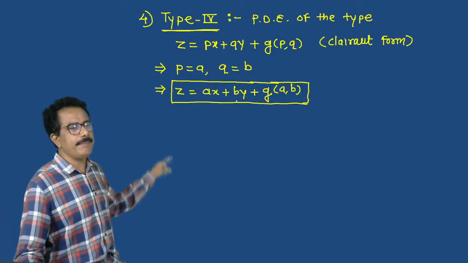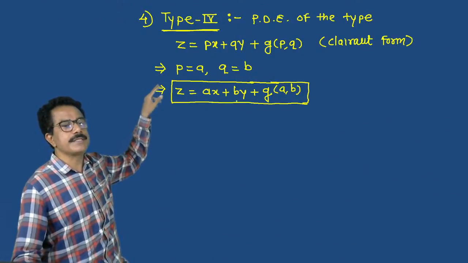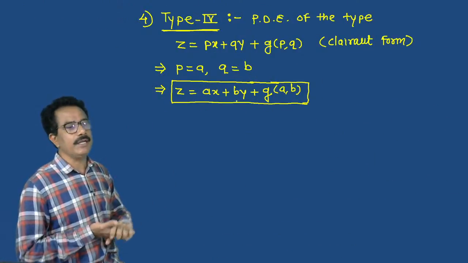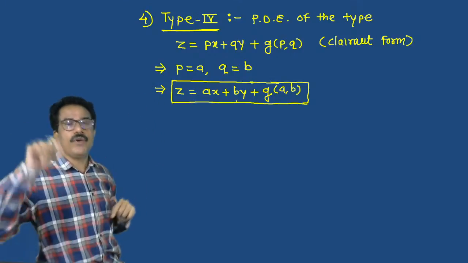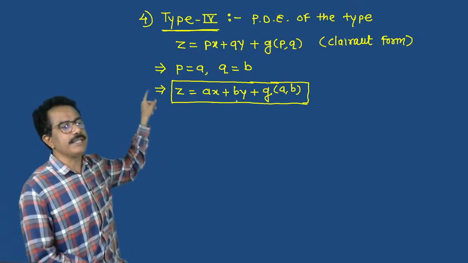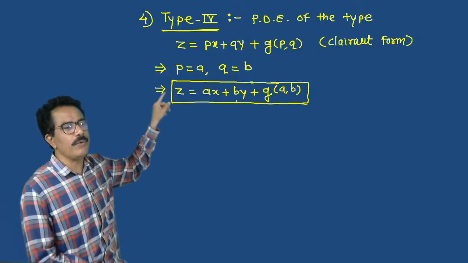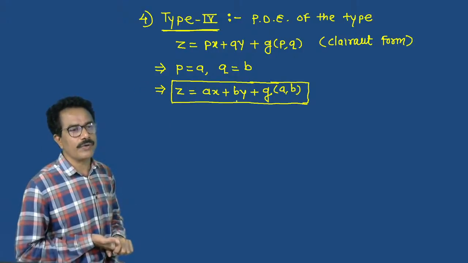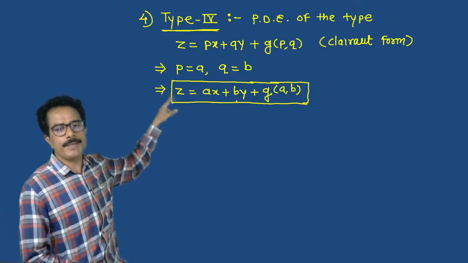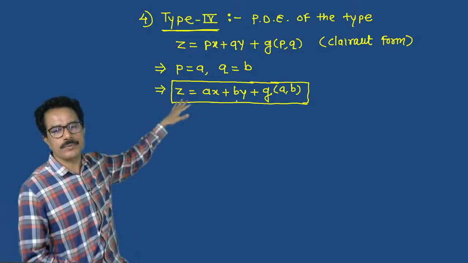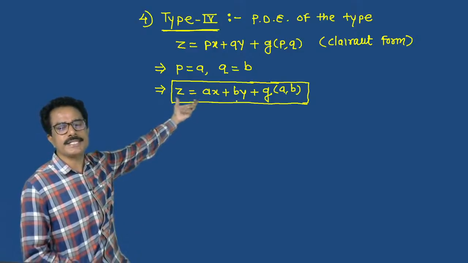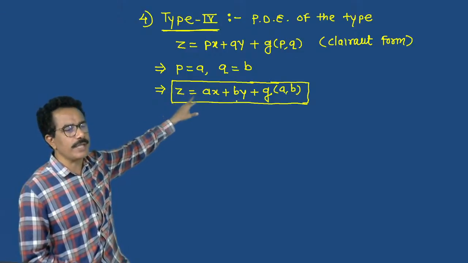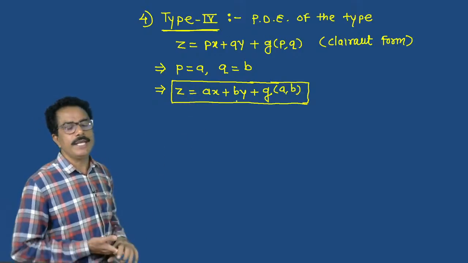This is the third type and this is the fourth type, the partial differential equation of the form z equals px plus qy plus g of p, q. It is also called the Clairaut form. So p equals a, in this case q equals b, then the solution we can directly write: z equals ax plus by plus g of a, b.